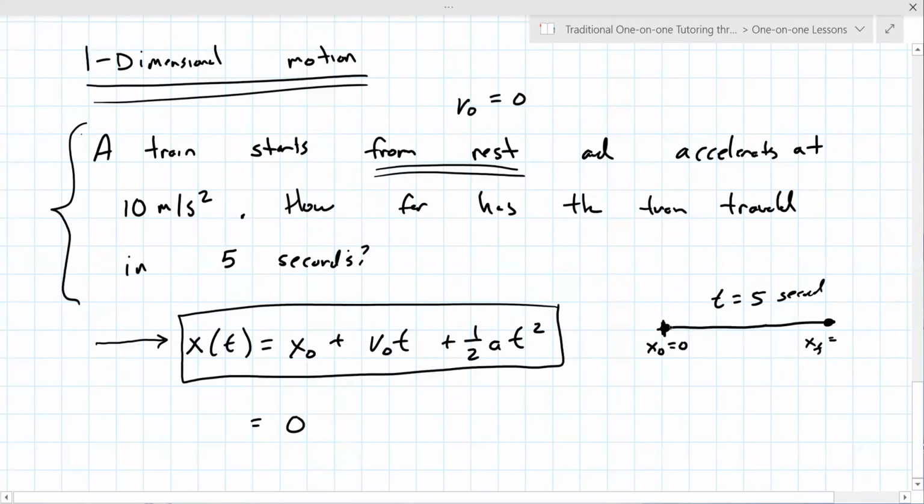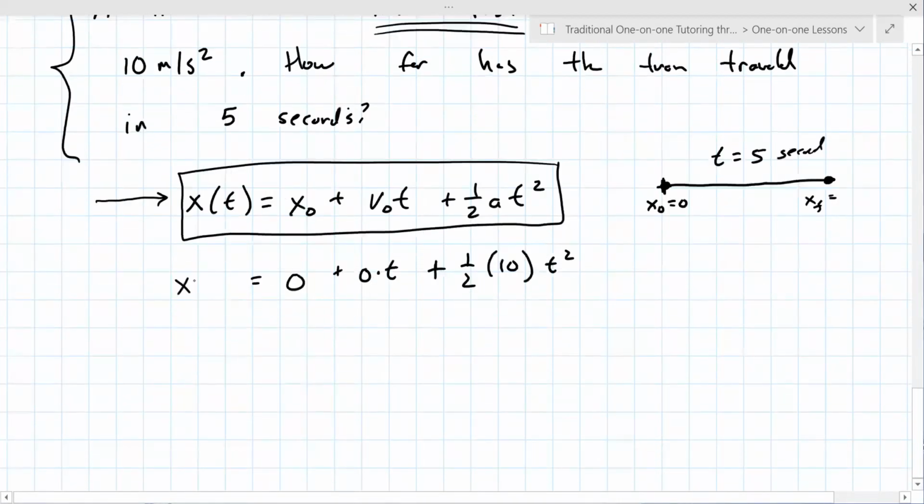The velocity is 0. The acceleration is 10. So we just plug some numbers in. This is 0, this is 0. 1/2 of 10 is 5. So x of t is 5t squared. So this is its position function.